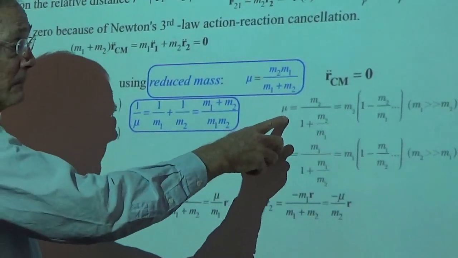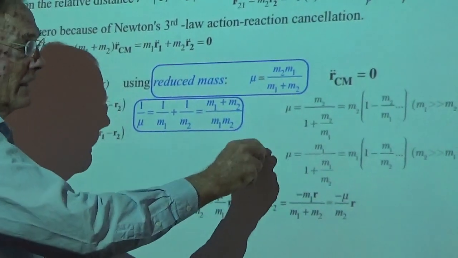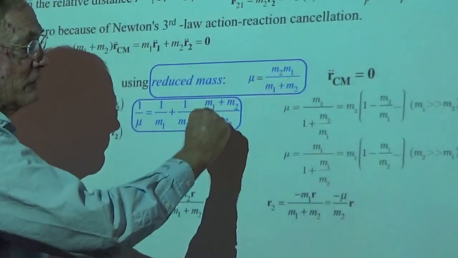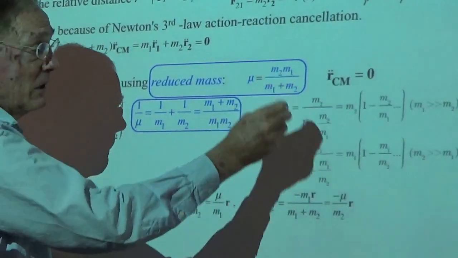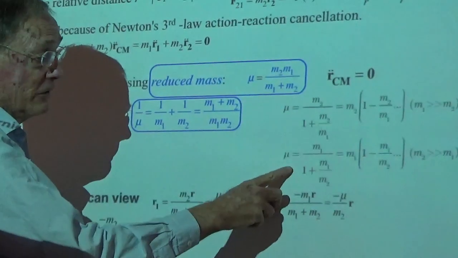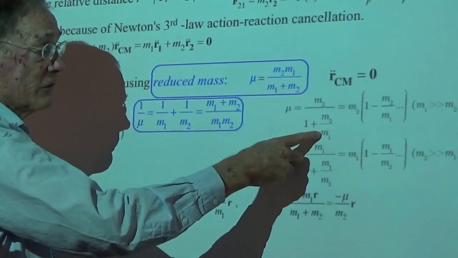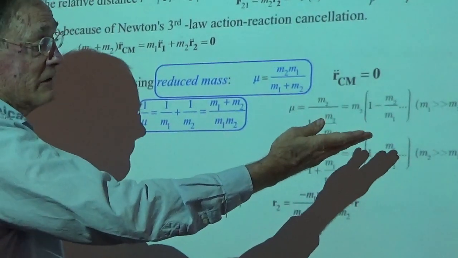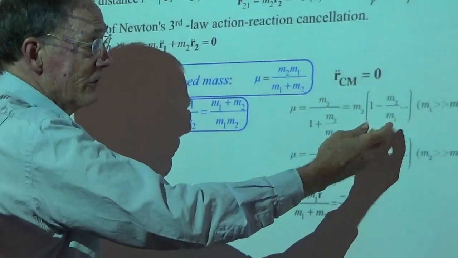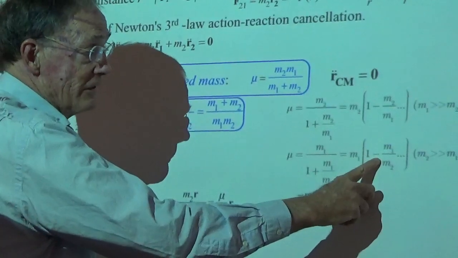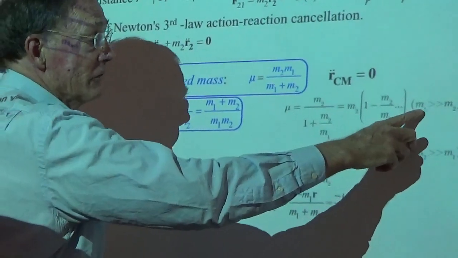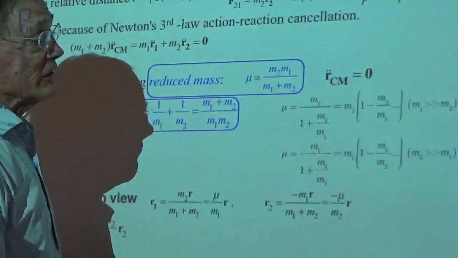And then here I can say, okay, I'm going to divide numerator and denominator by m1, or down here I'll divide numerator and denominator by m2. Either one of those has a series expansion, the first term of which is always a minus sign on it. Now, if m1 is much greater than m2, then it makes sense to do this one.